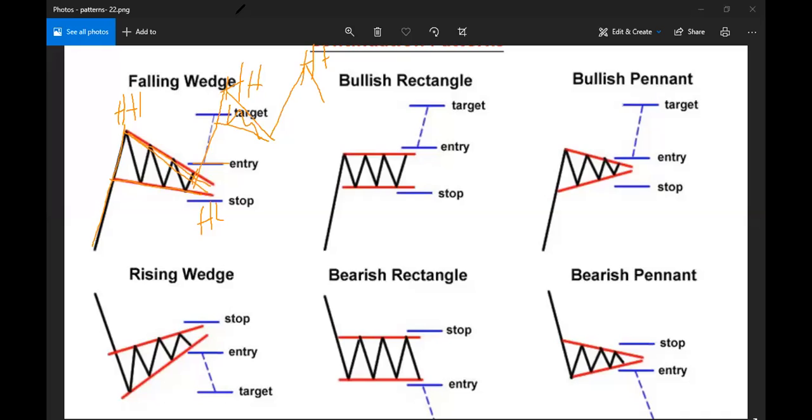So the falling wedge pattern is a continuation pattern in an uptrend. It shows that the market is still going to keep going up. So with this little explanation, do you understand what a falling wedge is?